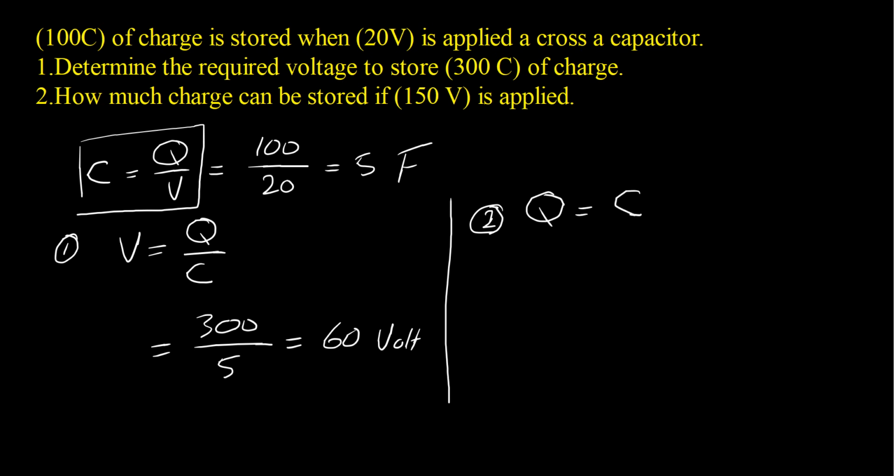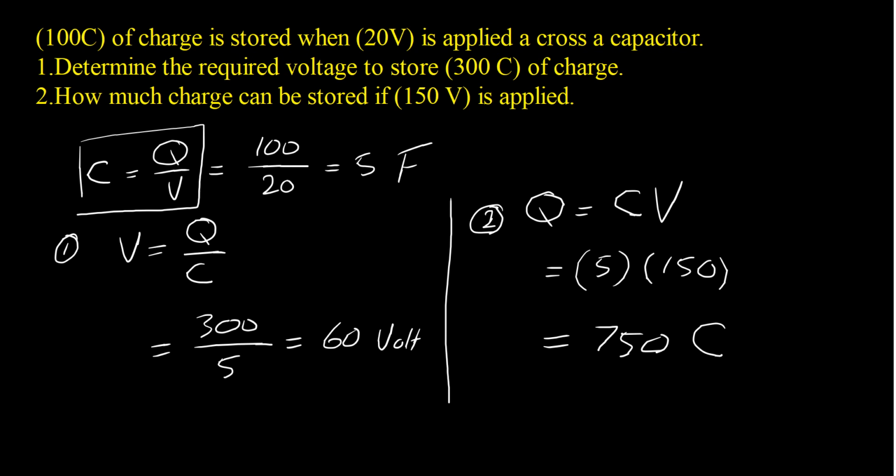It's the capacitance multiplied by the voltage. The capacitance is 5, and the voltage is 150 volt. That gives us 750 coulomb of charge that can be stored in this capacitor if we apply 150 volt potential difference across the two plates.